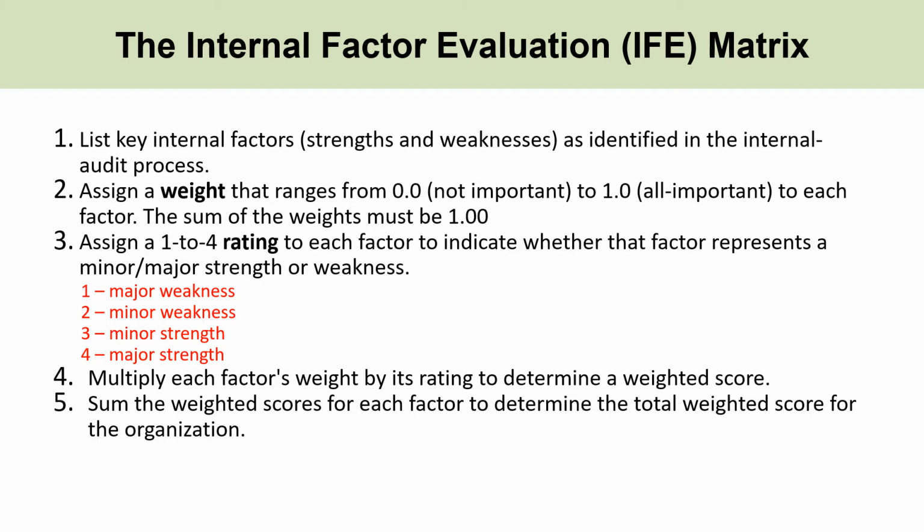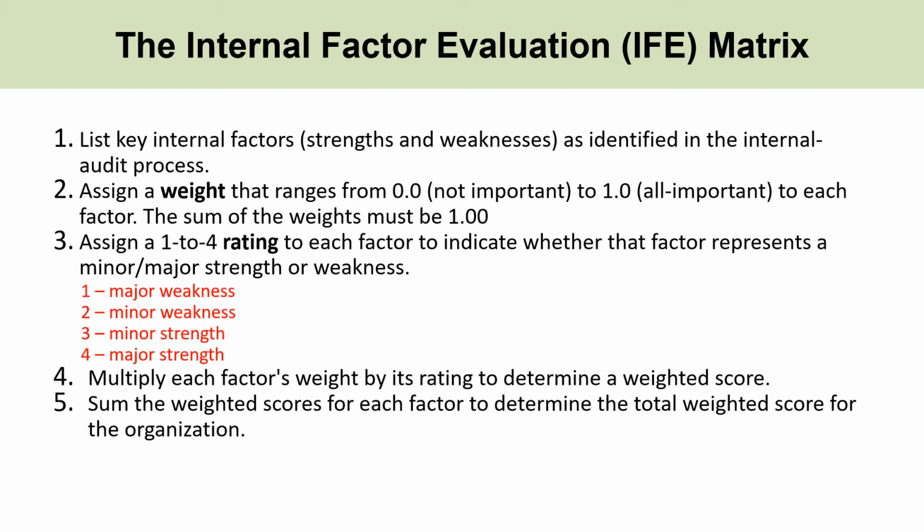Number 1 is major weakness, 2 is minor weakness, and 3 and 4 refer to the rating for the strength. So 3 is a minor strength and 4 is a major strength.